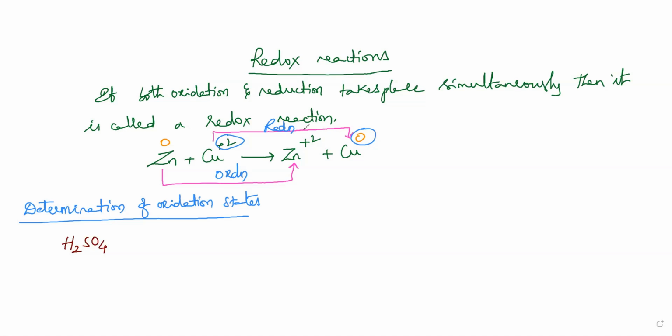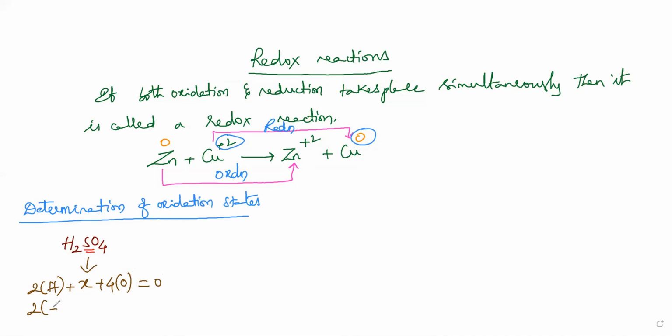H2SO4. So what is the oxidation state of sulfur? We don't know, so let us consider this as X. Plus 2 hydrogens, plus 4 oxygens. There is no charge on the molecule, so it should be equal to 0.